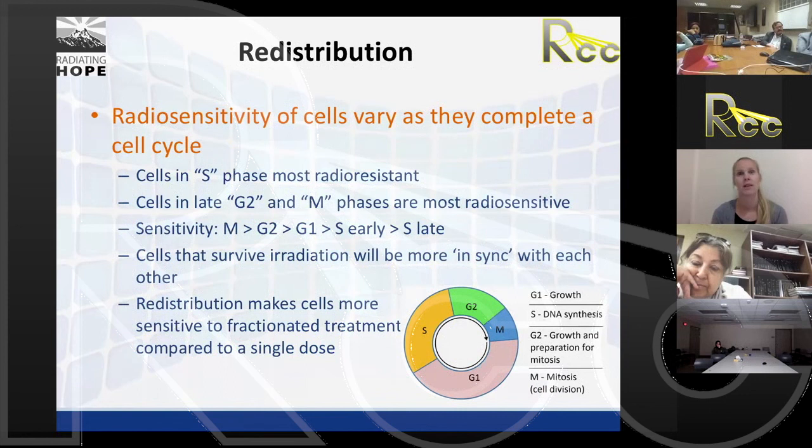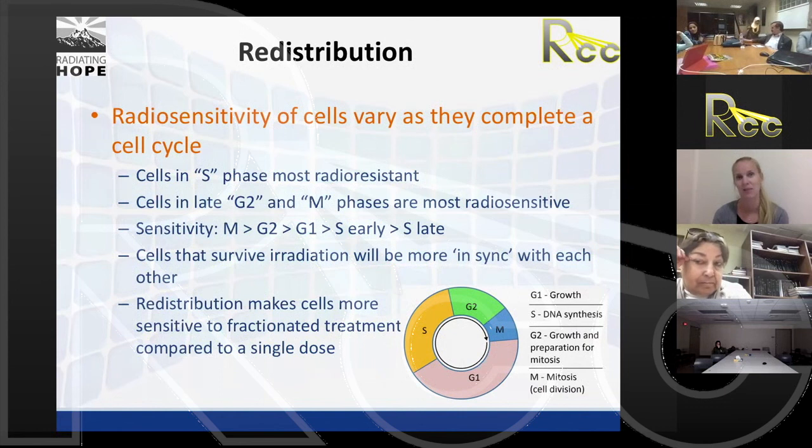If you irradiate them, all the cells in the radiosensitive phase of the cycle will die, and the cells that are left are only in certain phases of the cycle. Those remaining cells will now be in sync with each other. So if we continually irradiate them, we're more likely to get all the cells in that jar into the radiosensitive phase and kill them more effectively.